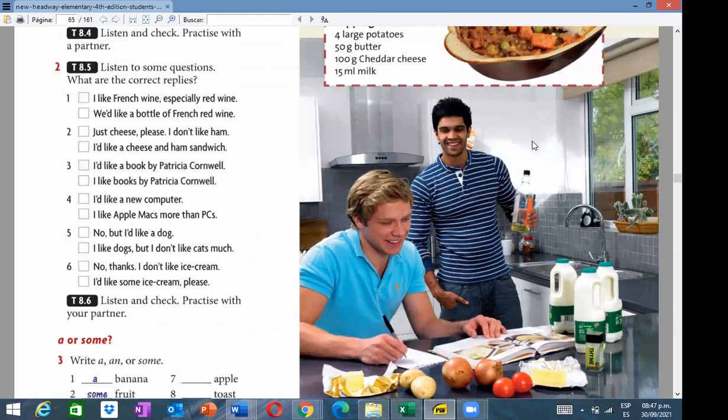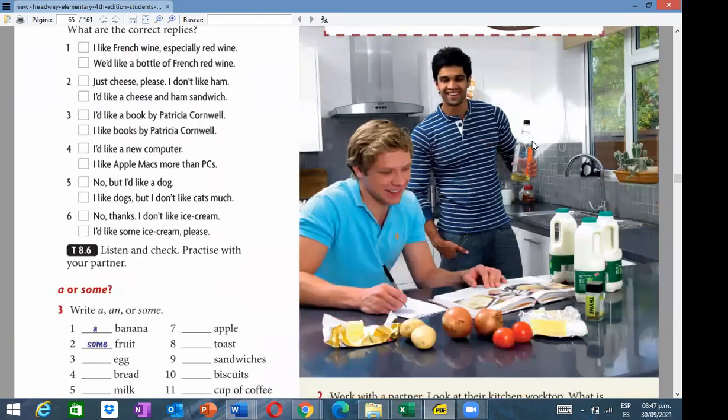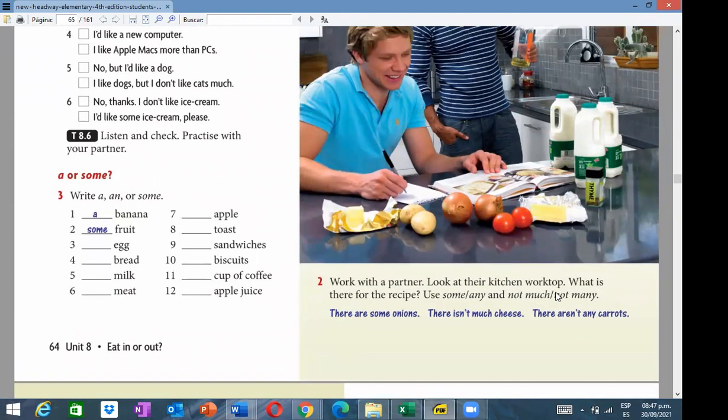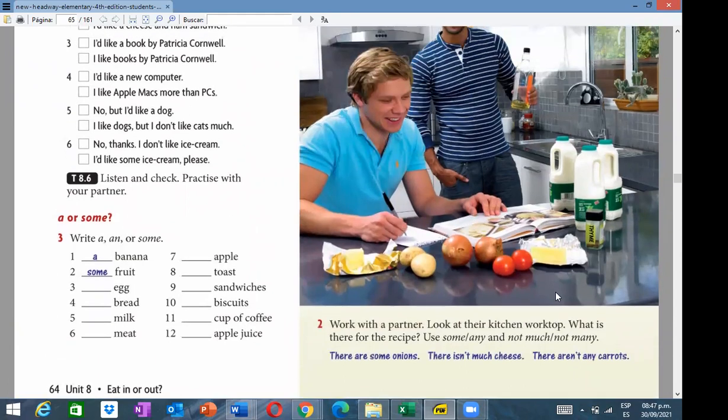Remember the ingredients also. If you can't see any, you can use a sentence like this. You can say, there aren't any minced beef, for example, right? Come on. There aren't any carrot. Look here, we have the oil.